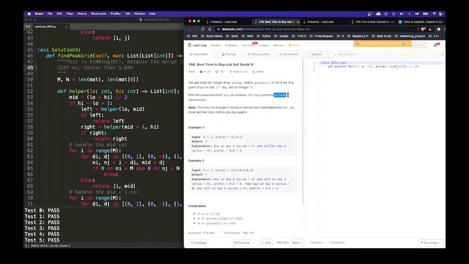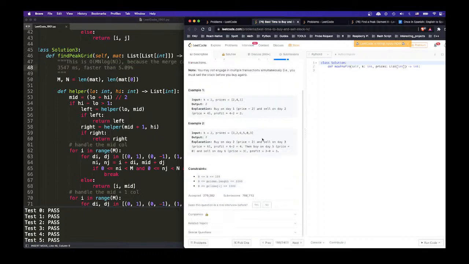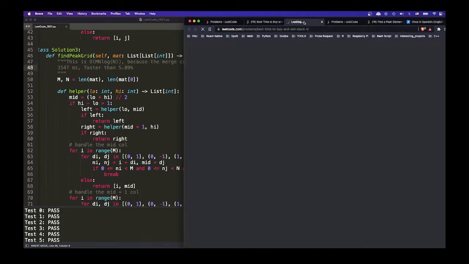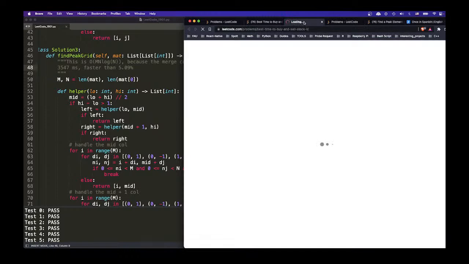I don't remember. I need to look at it. I mean, I've done this one so many times, but I forgot how the state machine works.